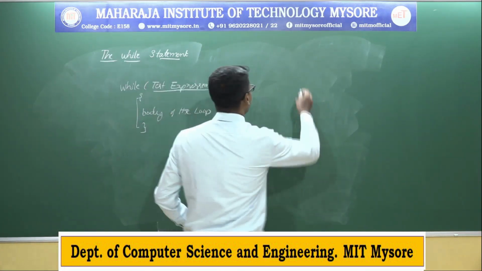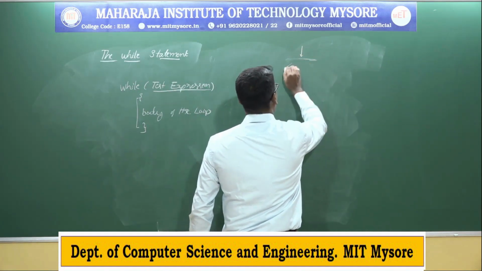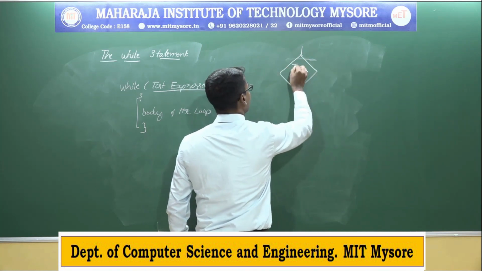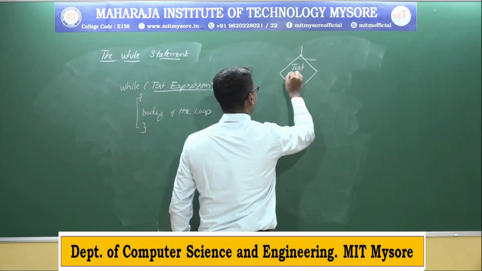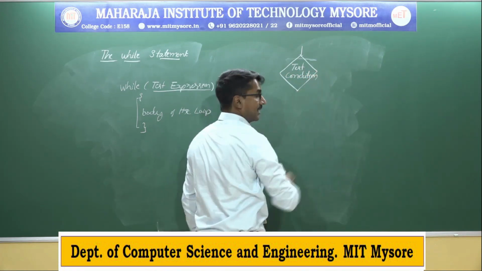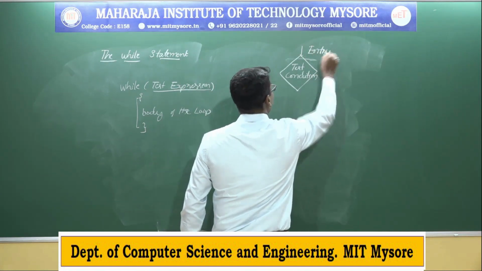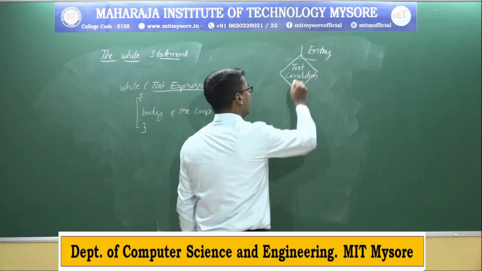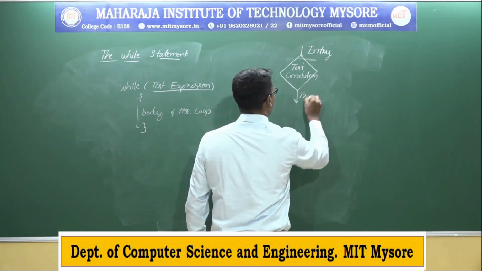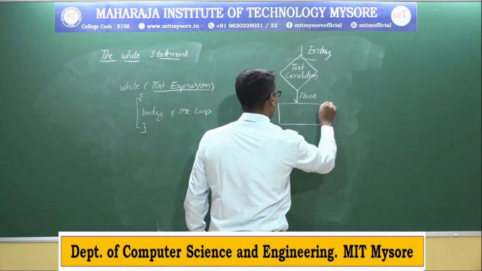The flow diagram is: test condition, this is the entry. If the test condition is true, it will execute the body of the loop.